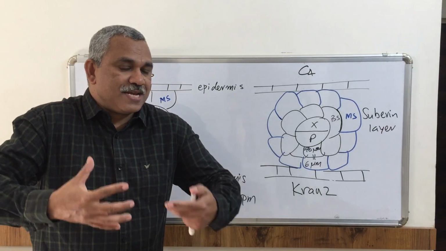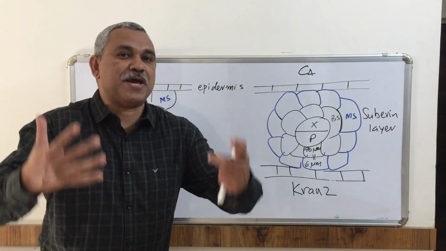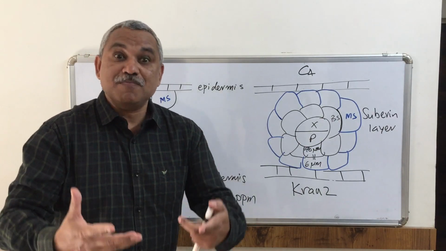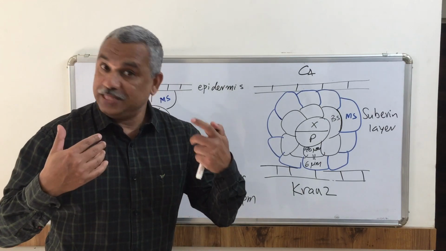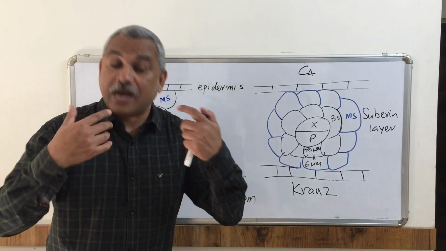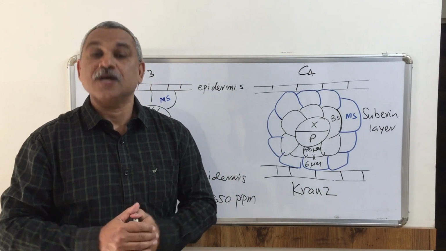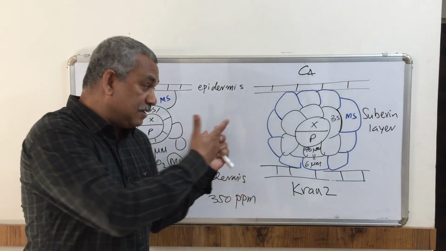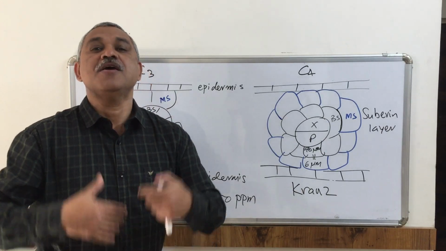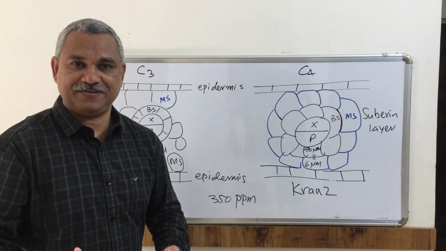And by concentrating carbon dioxide to 70 micromolar, it is able to carry out photosynthesis or carbon fixation in a very efficient manner.